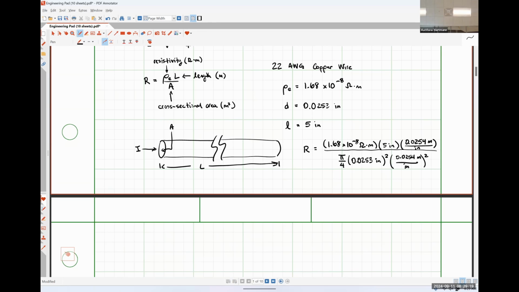So let's throw this in a calculator really quickly, just to see what shakes out. So 1.68 times 10 to the minus 8, times 0.0254, divided by pi over 4 times 0.0253 squared times 0.0254 squared.